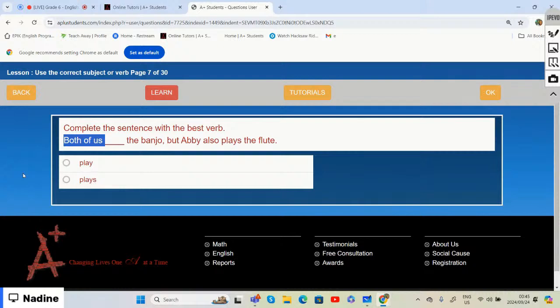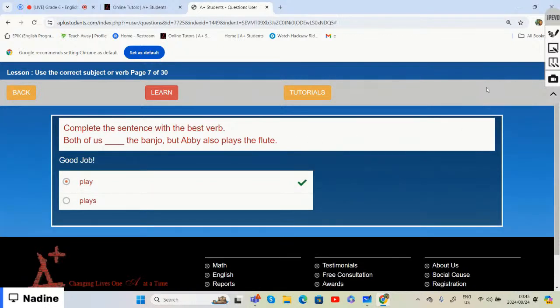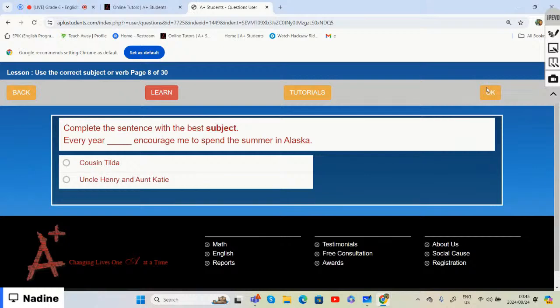And if we were to choose the correct option, we will say both of us, making mention of more than one person, plural, play the banjo, but Abby also plays the flute. So well done. Option one is correct.